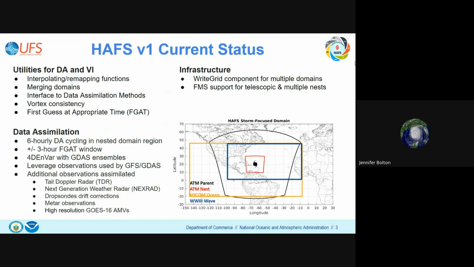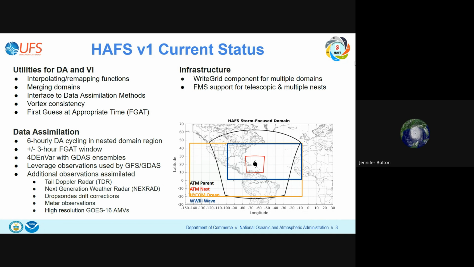So here we are in terms of the current status. There are a lot of utilities which are needed to do proper DA and VI in context of hurricanes, and these are utilities available to us.